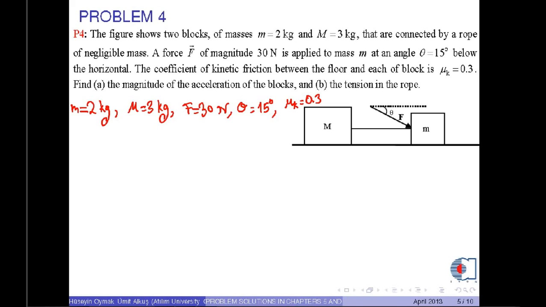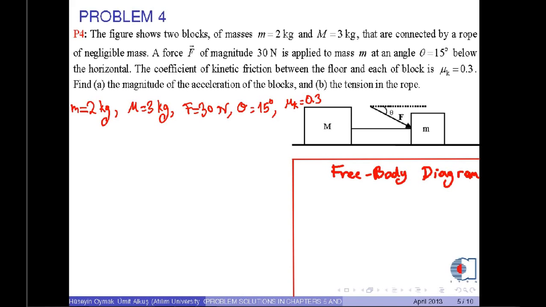To solve part A, we draw the free body diagram of the whole system. Two masses and the rope as a whole are considered to be a single point-like particle. Then it is convenient to represent the surface by the x-axis and the straight line perpendicular to the surface by the y-axis.